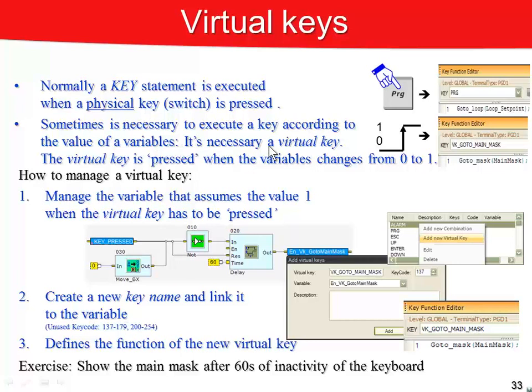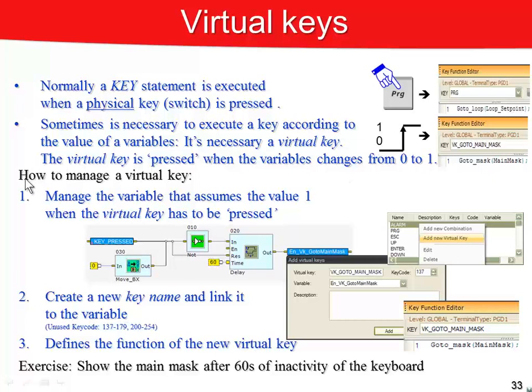So in this case, we need a virtual key. A virtual key is virtually pressed according to the value of a variable, when the variable changes from 0 to 1. So not according to the status of a mechanical switch, but according to the rising edge of a variable.